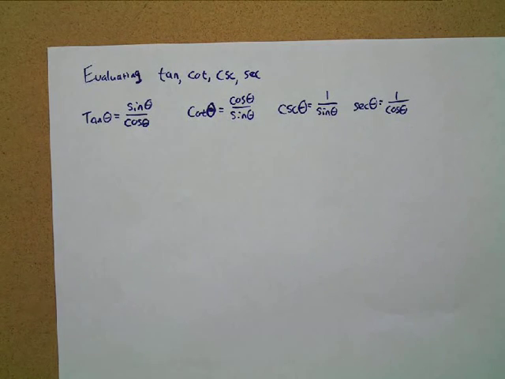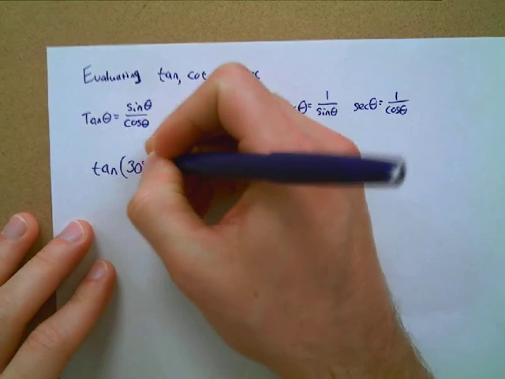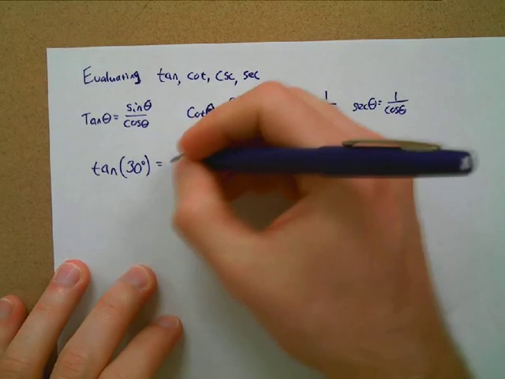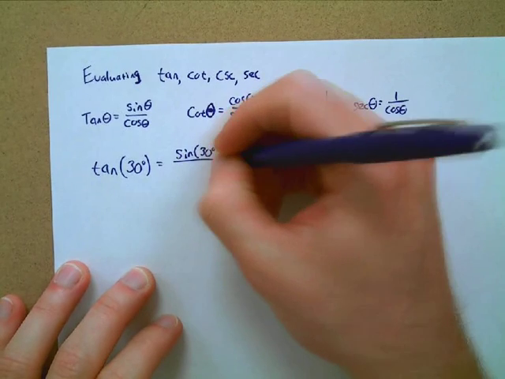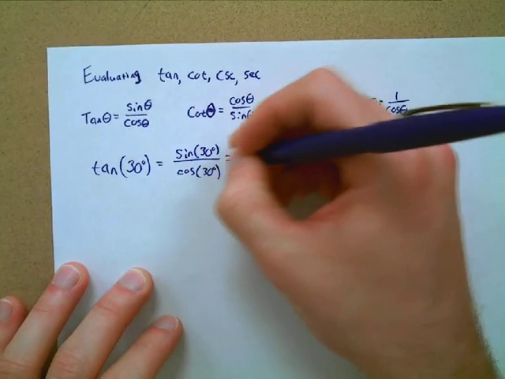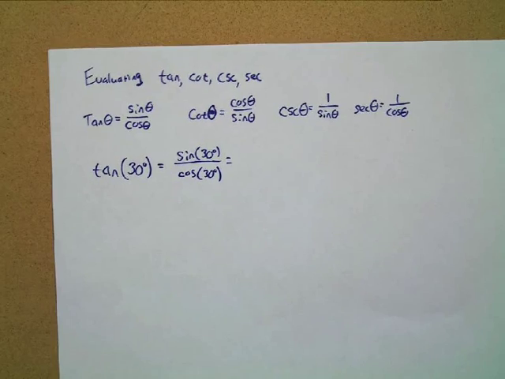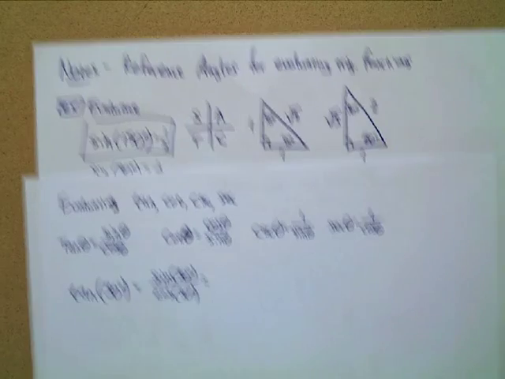And then you can go back to your reference triangles here. So sine of 30 degrees is opposite 1 over hypotenuse 2, so 1/2, over cosine of 30 degrees.